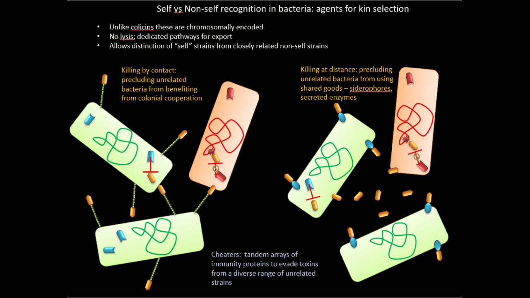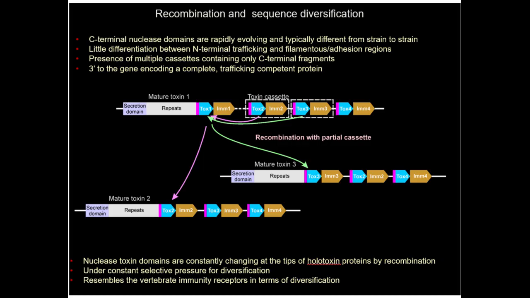And these toxins show polymorphism in that there is a recombinational process which causes the toxin to change within the toxin locus through recombination with cassettes, which have standalone versions of other toxin domains.